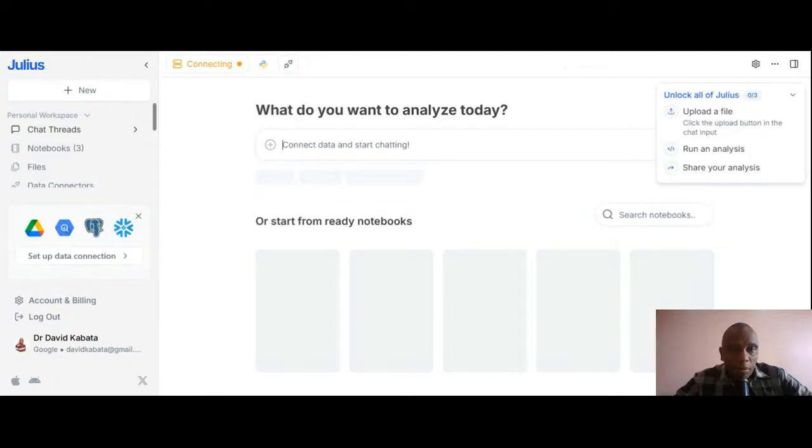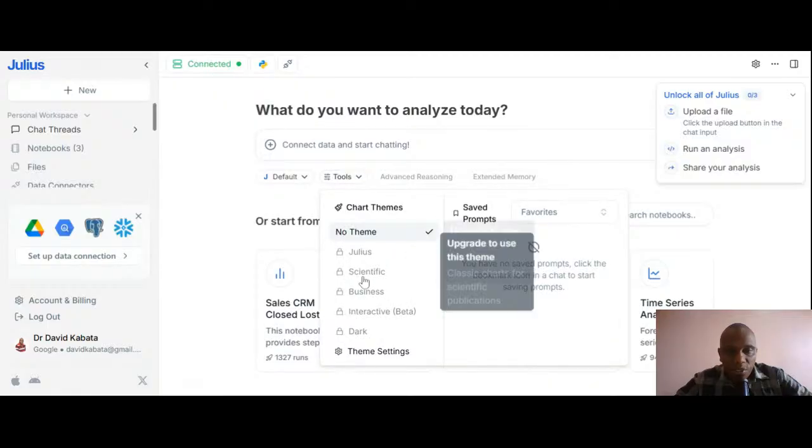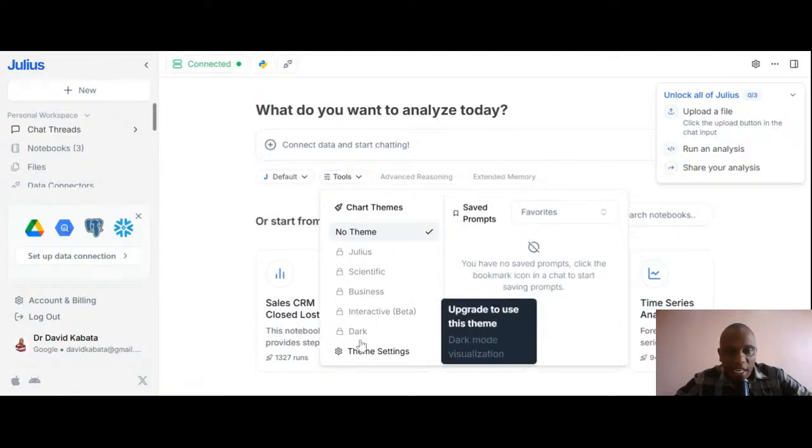After entering the platform, you can see it has brought you the window that you are supposed to use in your analysis. So here you have the different tools that you can use. You have the scientific, business, interactive, dark, theme setting, and all those.